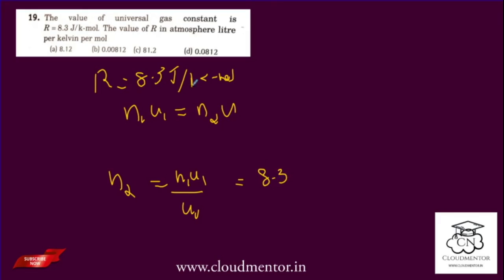N1 is 8.3 and U1 is joule per Kelvin per mole, divided by U2, which is atmosphere liter per Kelvin per mole.